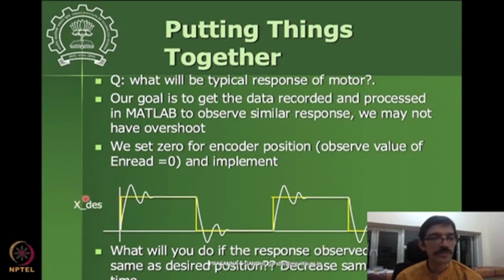Sorry, this is like a speed that is desired. PWM desired will give you position continuously going in one direction till this PWM gets to 0. But what I mean is, if you have a constant voltage given to the motor, and we are observing this x dot desired, then that response is going to go like a first order kind of function.